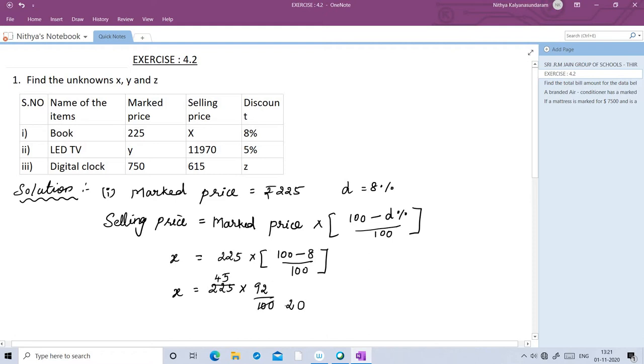Again we can cancel in 5 table. 4 5s are 20, 9 5s are 40. Then 4 table. 4 1s are 4, 4 2s are 8, balance is 1, it's 12. 4 3s are 12.